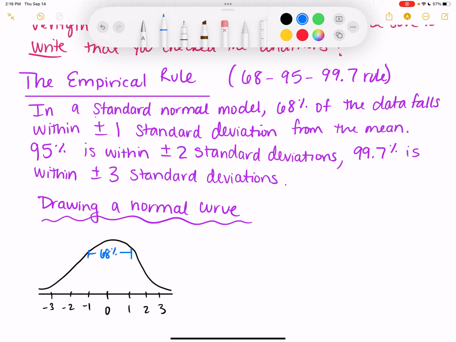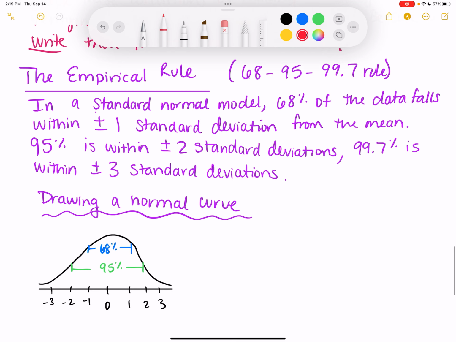Two standard deviations away, 95% of our data is here. And then 3 standard deviations away, 99.7% of our data is there. We're going to stop after the example because I'd rather pick up the next thing tomorrow.